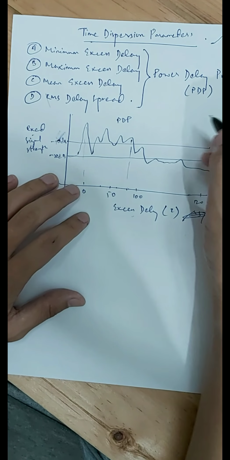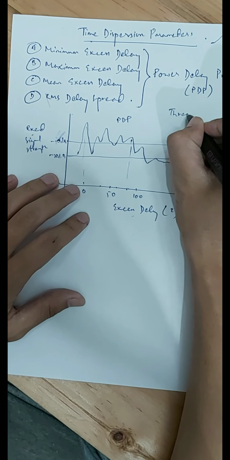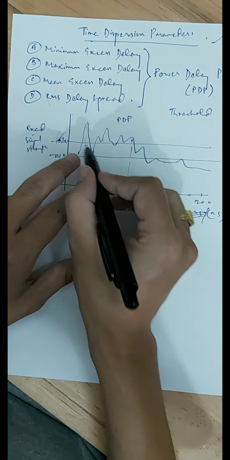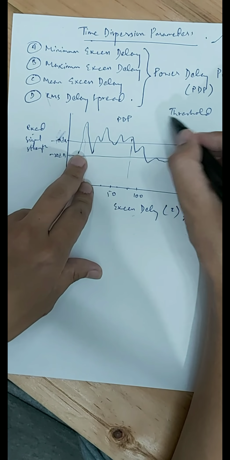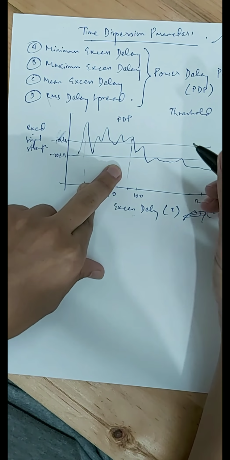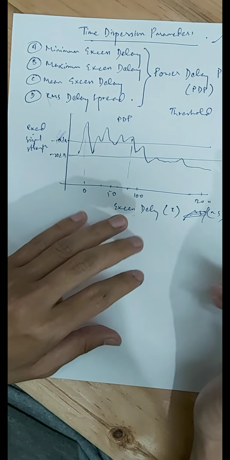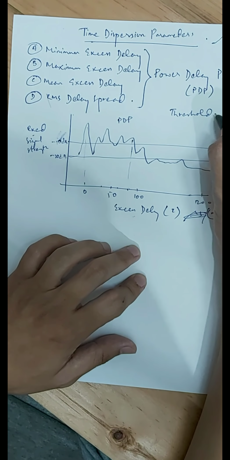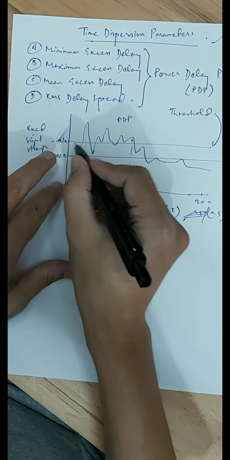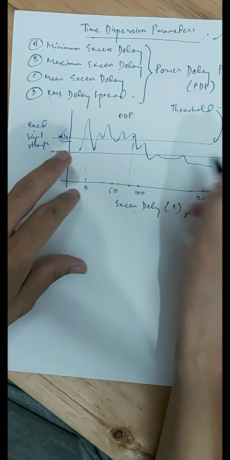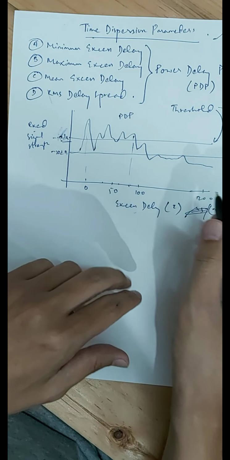So in that case, we need a thing called threshold. If the received signal is below this threshold, we will take that as noise. In the first case, I have taken minus 10 dB as the threshold and minus 20 dB as my second case threshold.